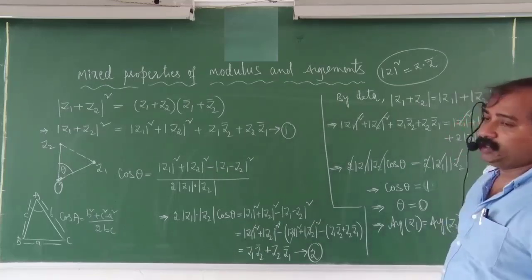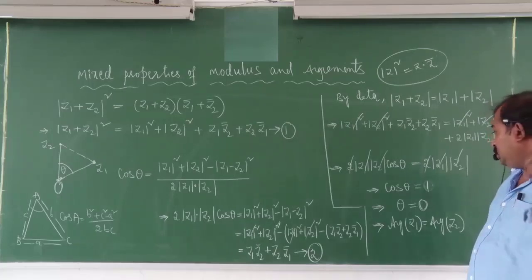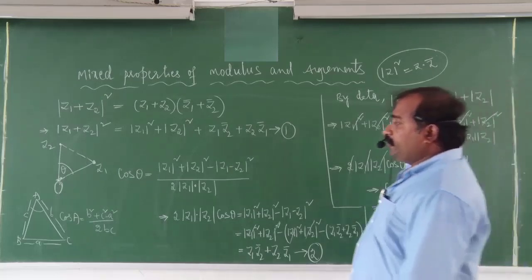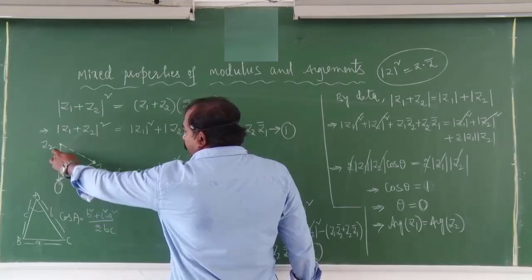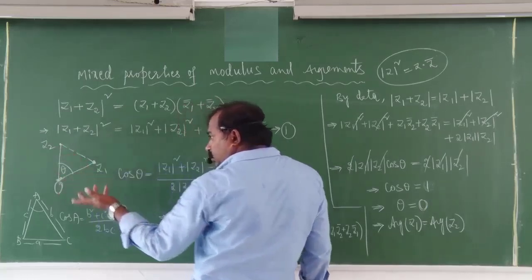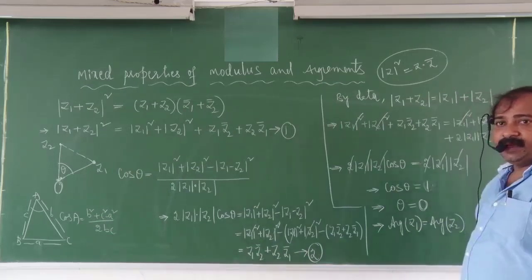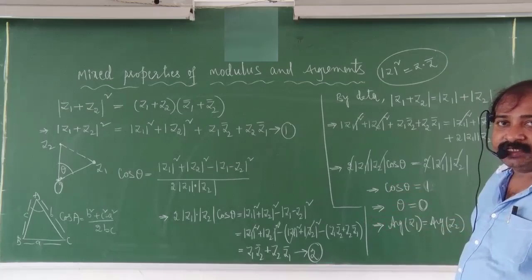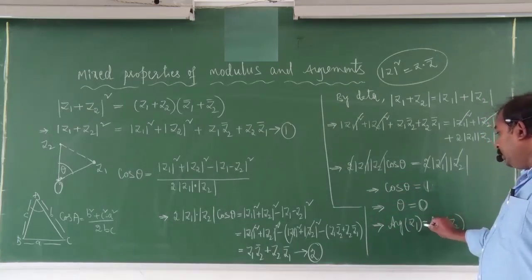That's it. Got it, ma'am? Theta means nothing but the difference of the arguments. Theta is the angle between this argument and this argument. Theta equal to 0 means they are in the same direction, which means automatically argument of Z1 is equal to argument of Z2.